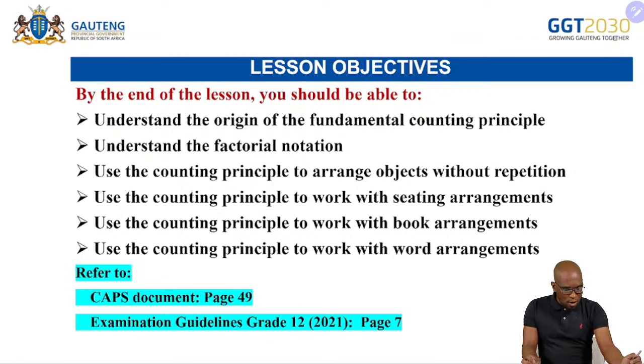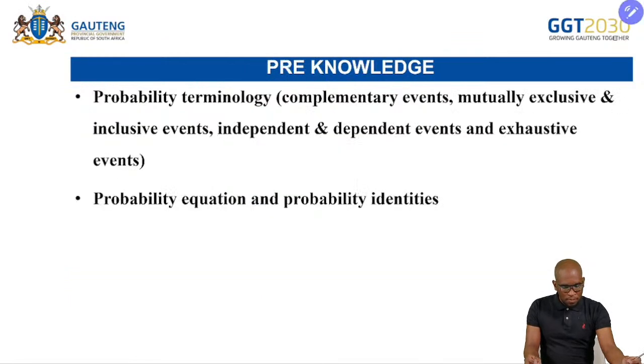problems. Now, you can refer to the CAPS document on page 49 as well as the examination guideline on page 7 to see what is expected from you as far as probability and counting is concerned.